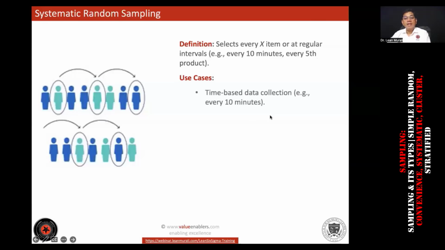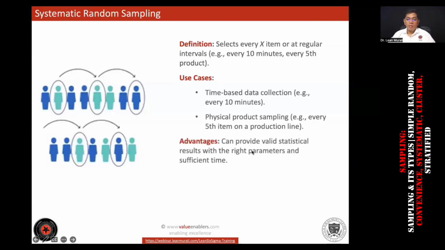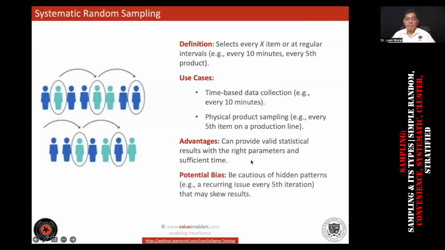It is time-based data collection or physical product-based sampling, every fifth item in the production line or every 10 minutes. It can provide valid statistical results with the right parameters and sufficient time. Sometimes you should be cautious of potential bias because something can be recurring, so you have to be careful with that.